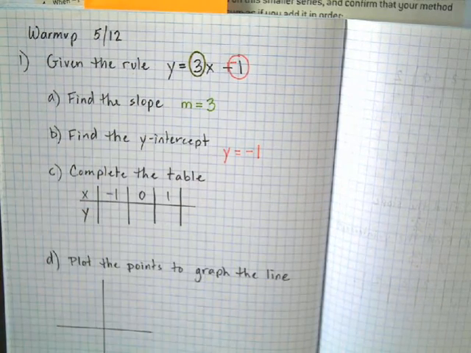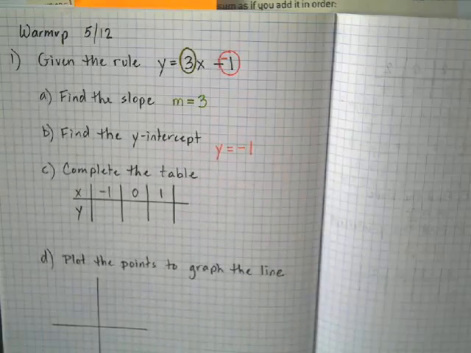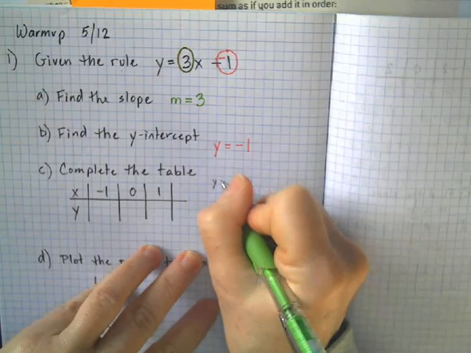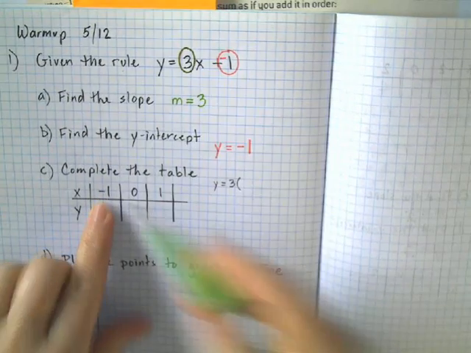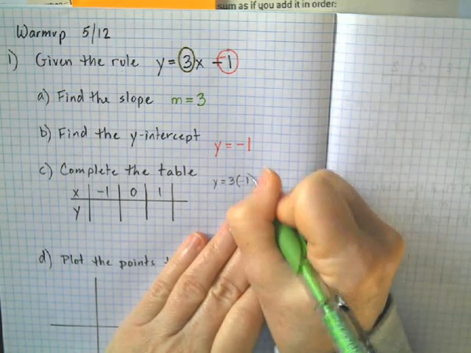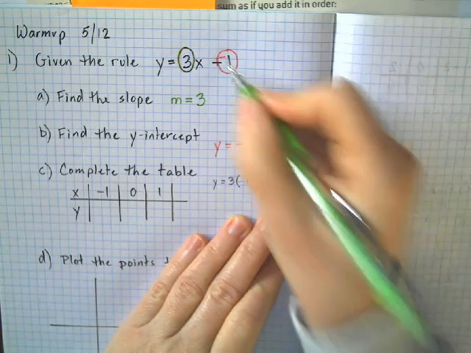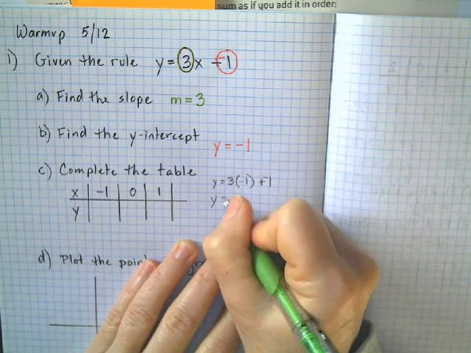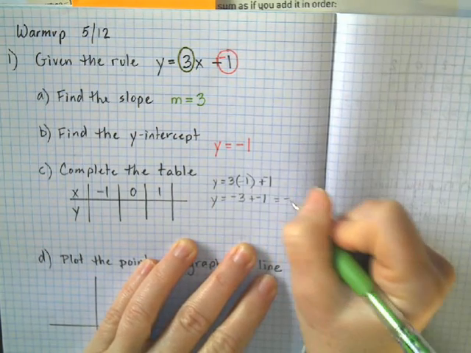Does it really work? Okay, so I'm going to take my rule. y equals 3 times x. What's x? My first x is negative 1, and then minus 1, or plus a negative 1, since I already rewrote it. So I get y equals negative 3 plus negative 1, which equals negative 4.